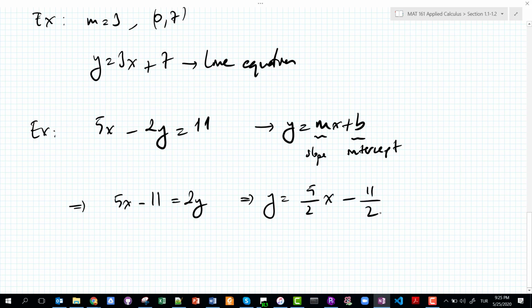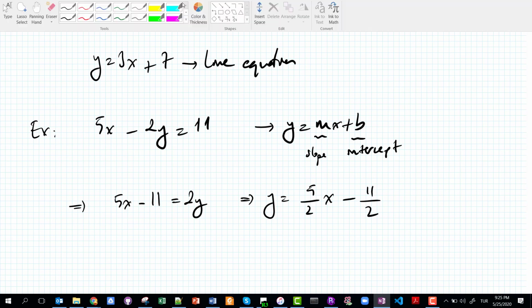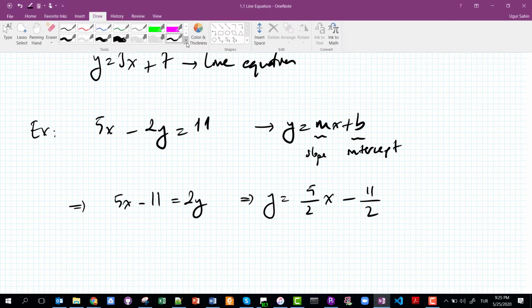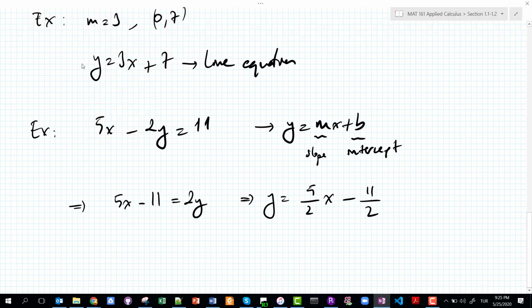Did you see that? Now I use the slope-intercept form, and I obtained my slope in this way and my intercept in this way. So for this line equation, my slope is equal to 5 over 2, and my intercept is equal to negative 11 over 2.